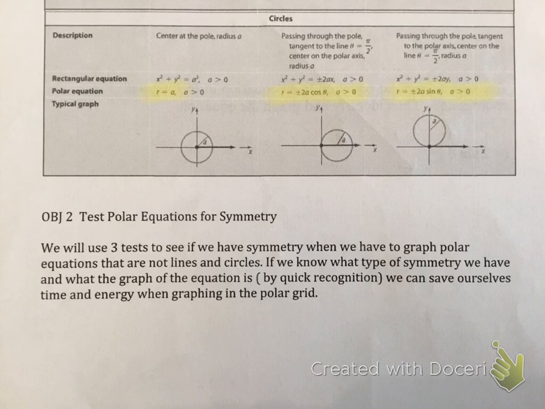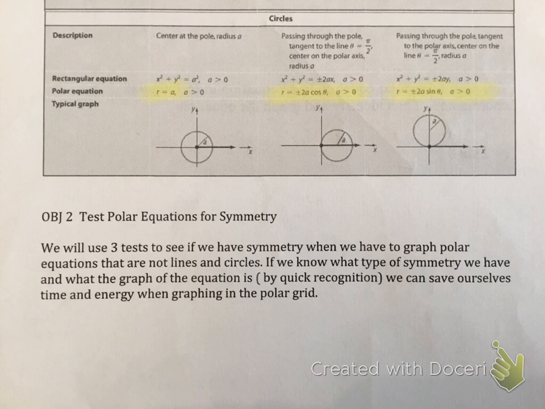So the next objective in this part 2 section is to test polar equations for symmetry. There are 3 tests. And by the way, this is kind of like when you were in algebra and had to graph a line. When you first start graphing a line, you have to plot many points and then connect the dots.